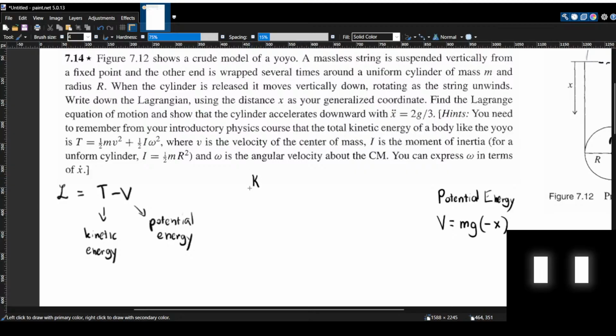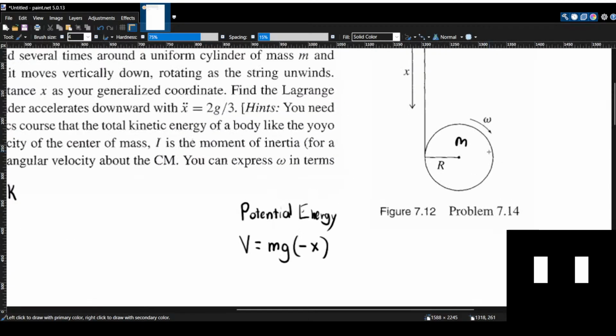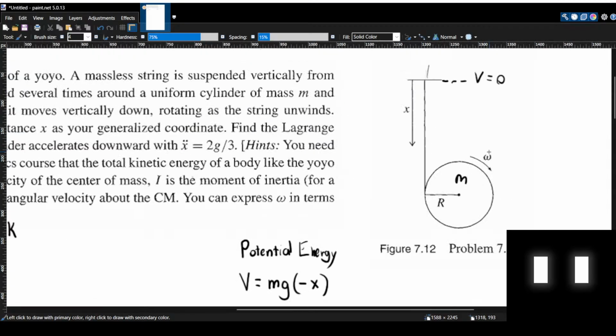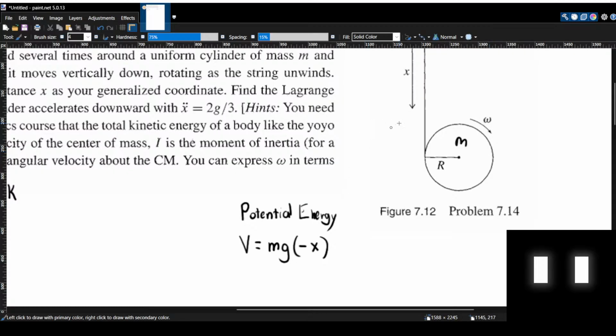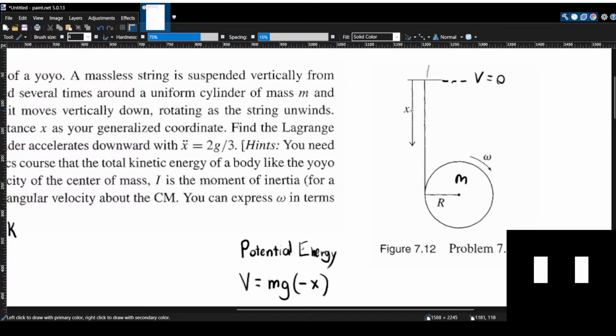Should we also include the radius from the reference position? Actually, let's see. How about we just define that x is the distance from here to the center of mass, so we don't have to factor in the radius.